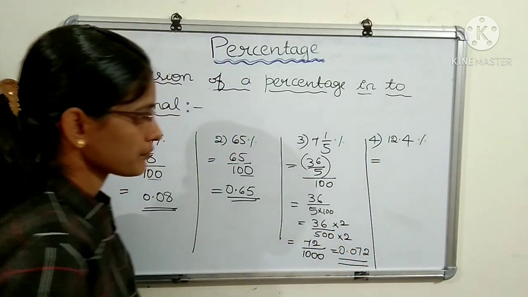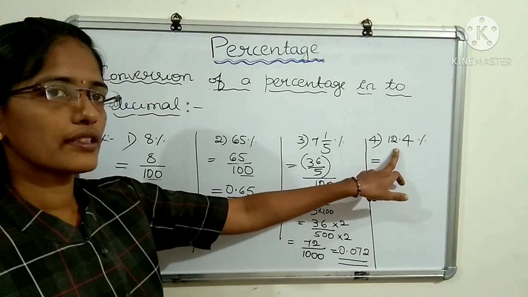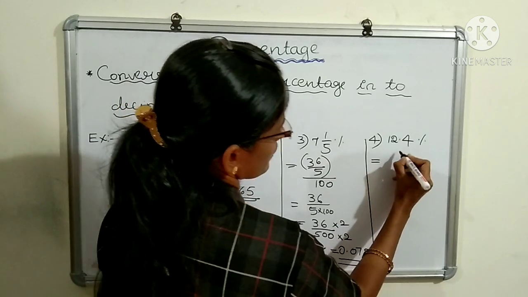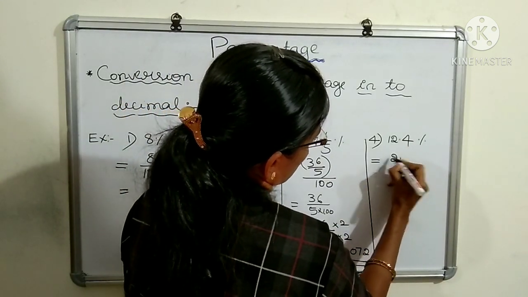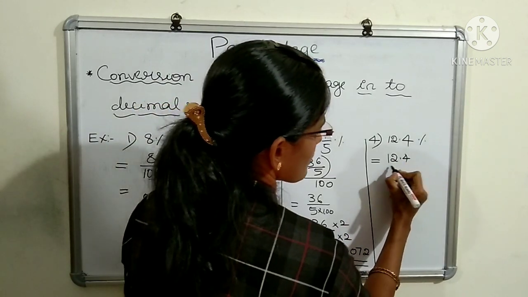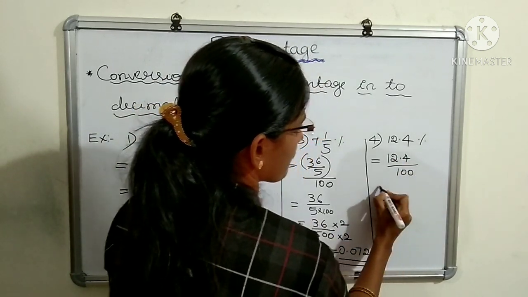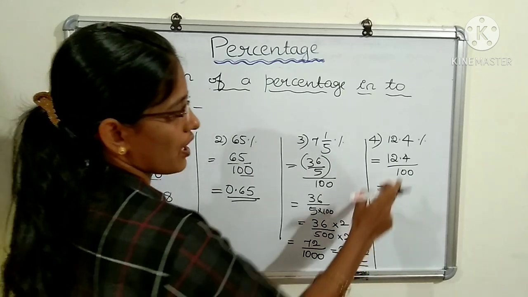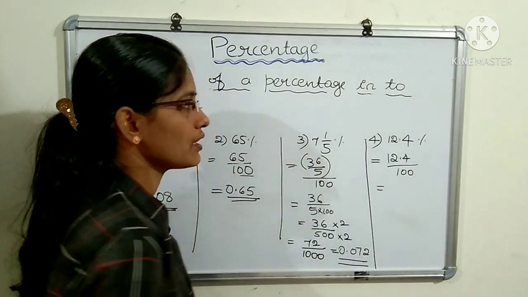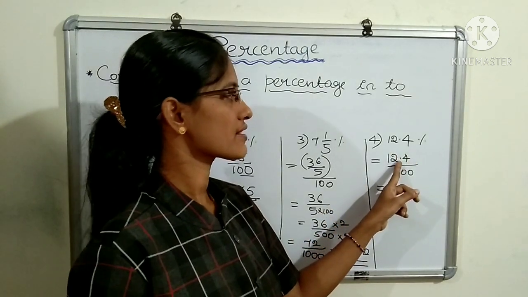Last one. Question is decimal number. Here 12.4. As it is I have taken percentage divided by 100. Now what to do? First we have to remove this decimal point before converting the decimal number. Question itself is decimal.